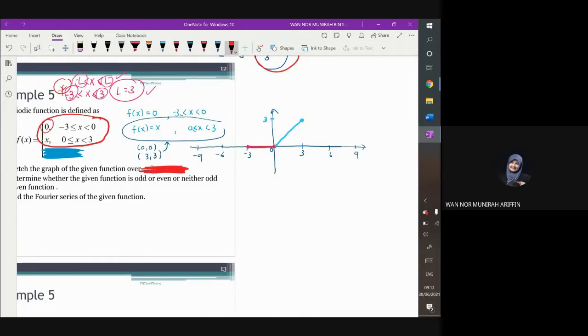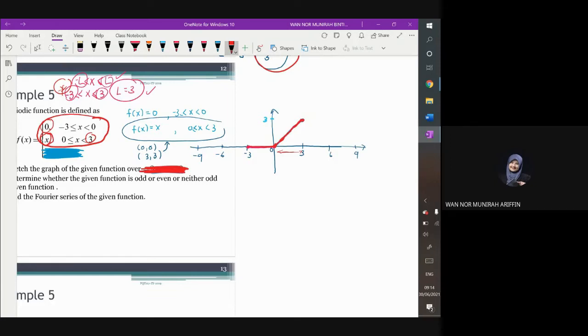Then from 0 to 3, over this interval, f(x) equals x. When x is 0, f(x) is 0. When x equals 3, f(x) also goes to 3. So this is the point. f(x) equals x is just like y equals mx plus c, a linear function, a linear graph. So you have this kind of line.